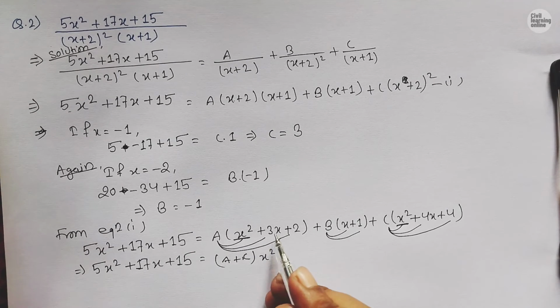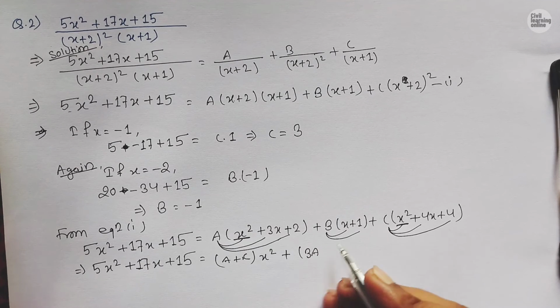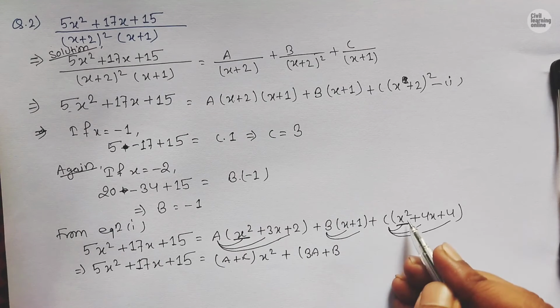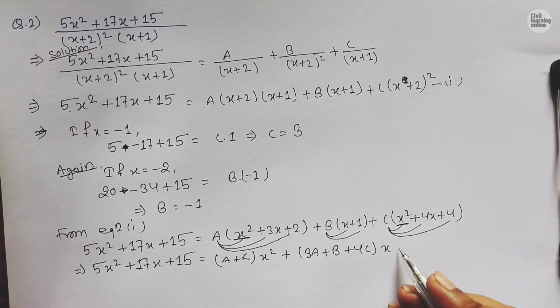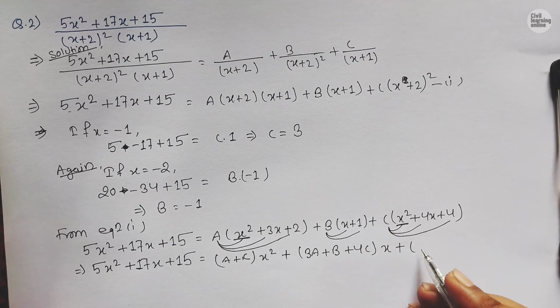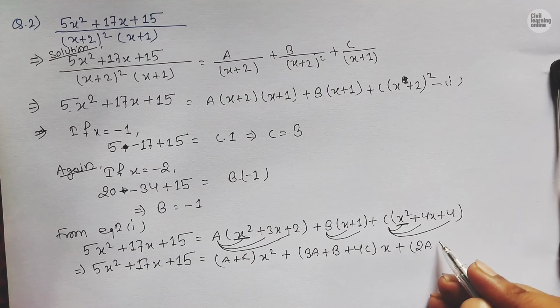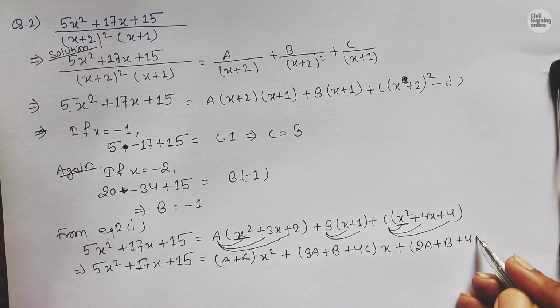Again, what could be the coefficient of x? When a gets multiplied with 3x, we will have plus 3a. Similarly, from here we will have plus b, and from here plus 4c times x. And plus, a will get multiplied with 2, so we will have 2a plus b, and from here we will get 4c.